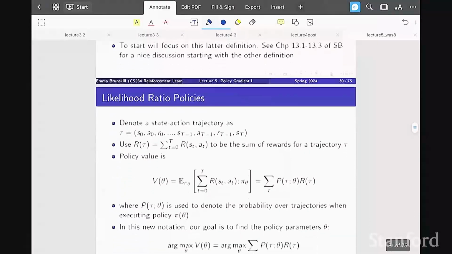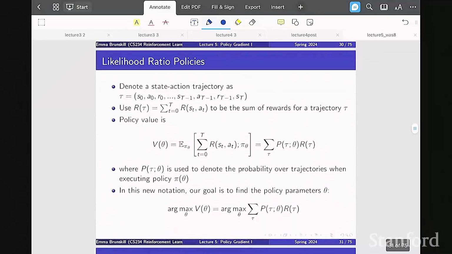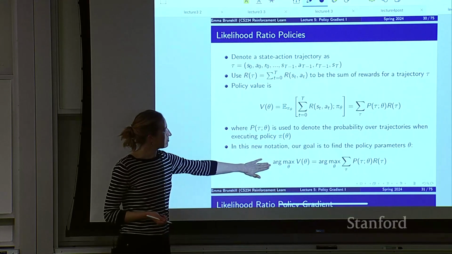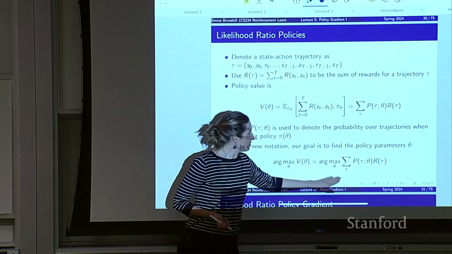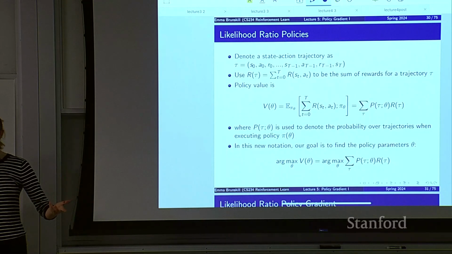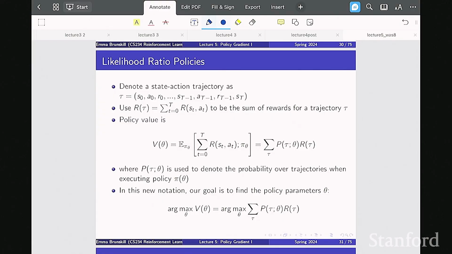All right. So now we're going to focus on thinking about likelihood ratio policies. So we're going to be thinking about this case where we have a distribution over trajectories, and then what is the sum of rewards for each of those trajectories. So we have our value function. And now what we want to do is find the argmax so that we maximize having a probability of getting trajectories with high reward.